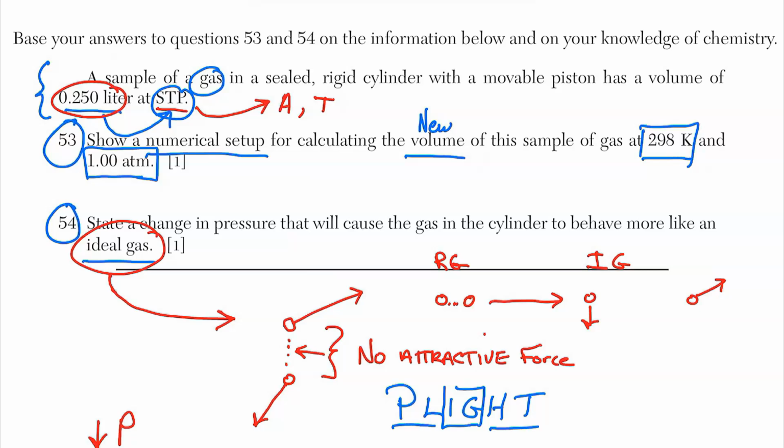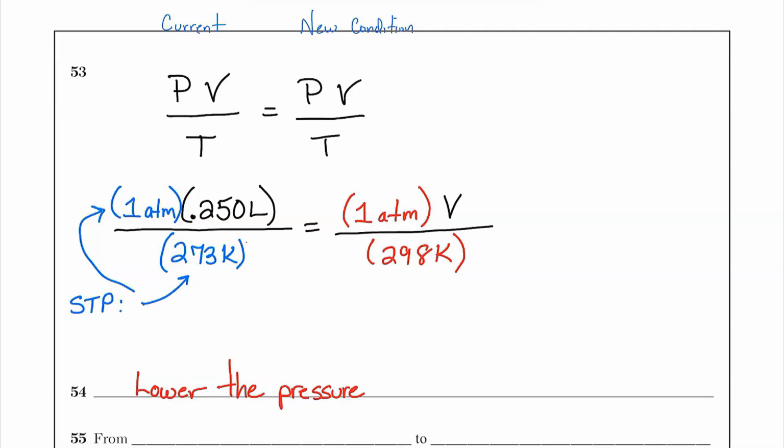They're not asking for temperature, they're asking for what the pressure is. So pressure is low for an ideal gas. All right, so lower the pressure. Let's put that in the book. We would lower the pressure, which means the molecules will exist farther away and have less chance to attract and be more like independent ideal gas particles.